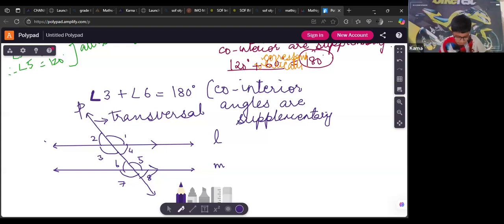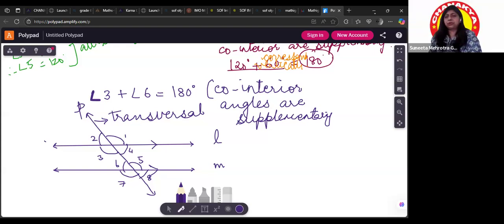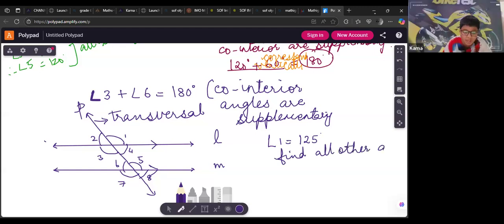Now I am giving you that angle 1 is 125 degrees. Find all other angles. Then angle 5 should be 125, and angle 3 should be 125.